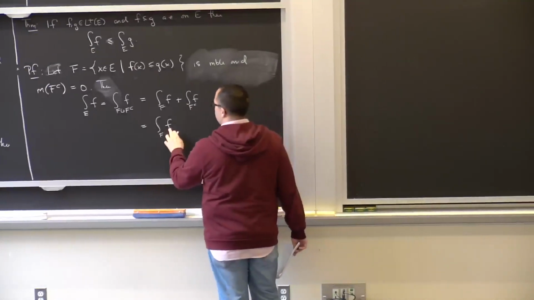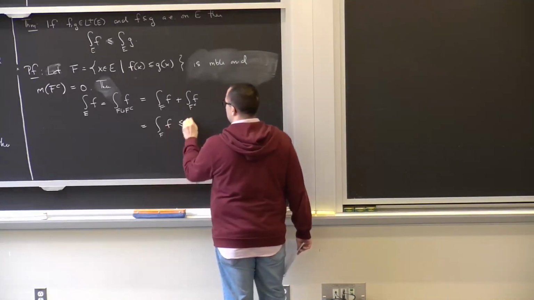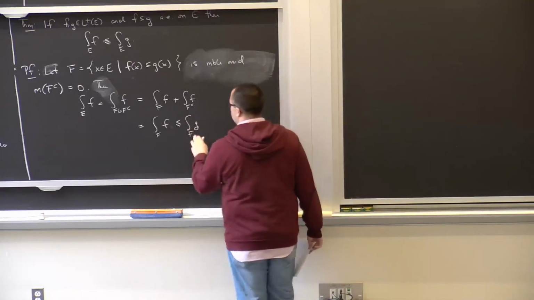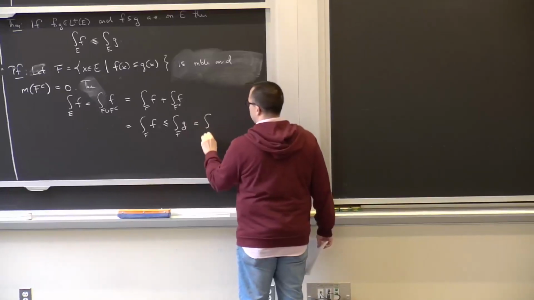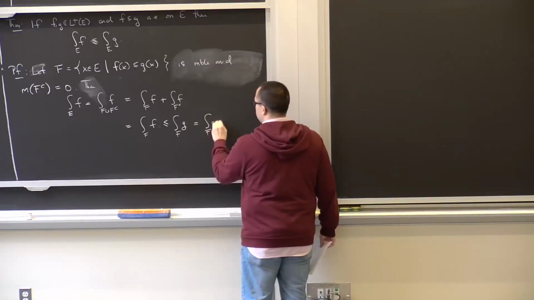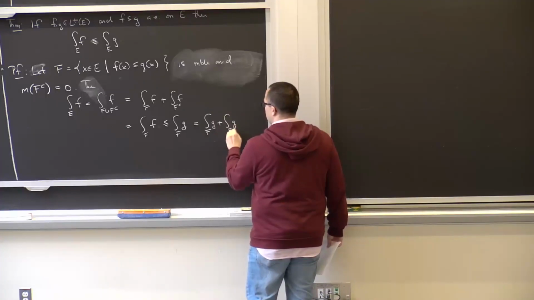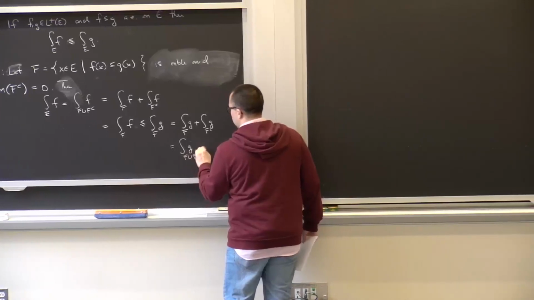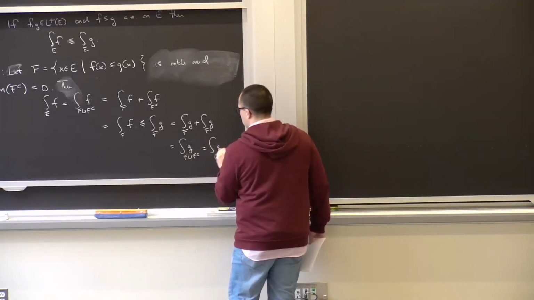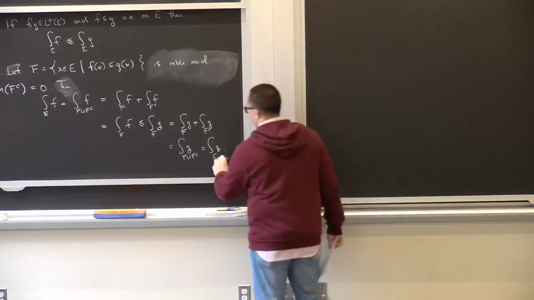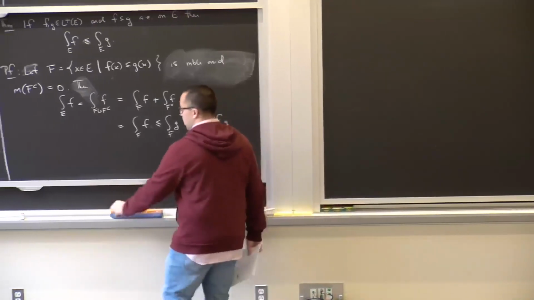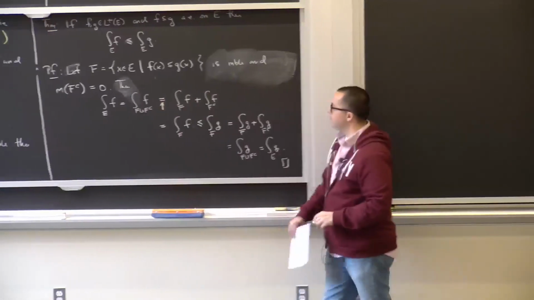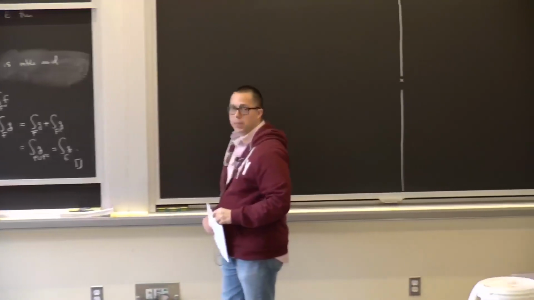Now, on capital F, little f is less than or equal to g, so this is less than or equal to the integral of g over capital F. And just going backwards, this is equal to the integral over F plus F complement, which is equal to the integral of g. So modulo this equality, which I leave to you to fill in, this proves the theorem. Okay?